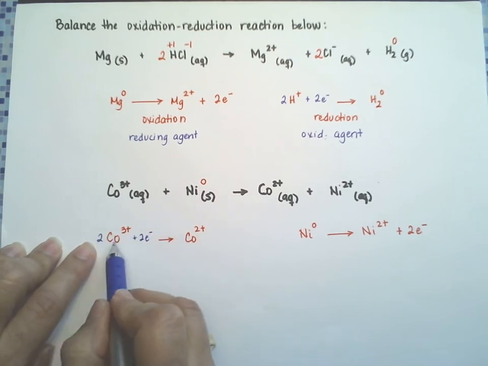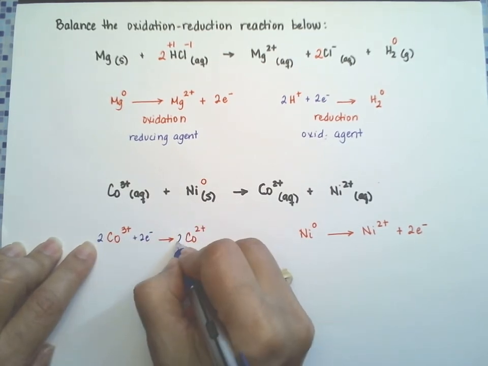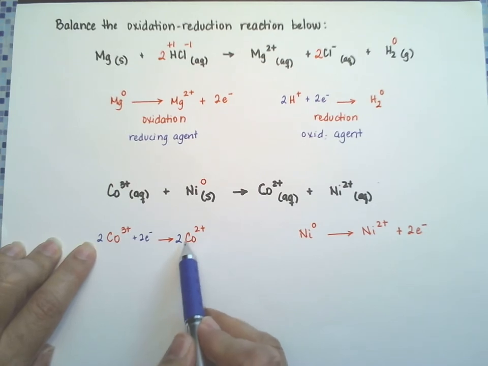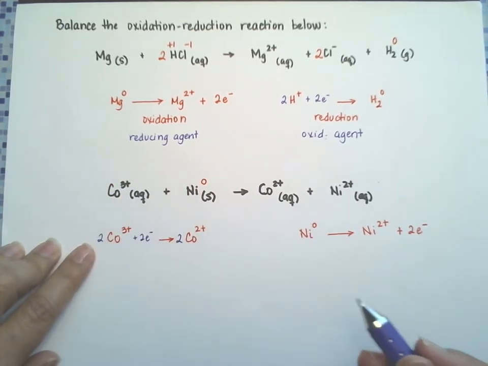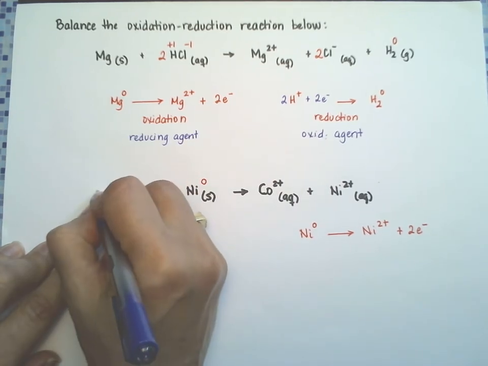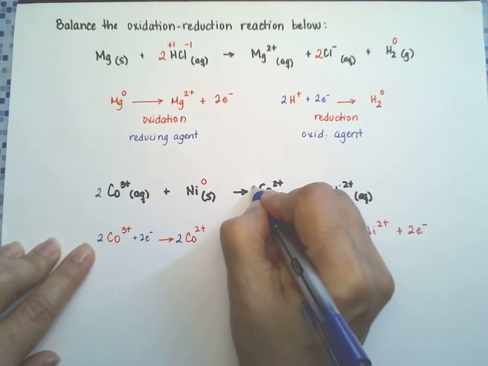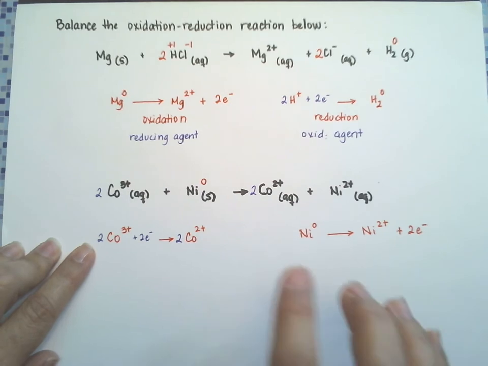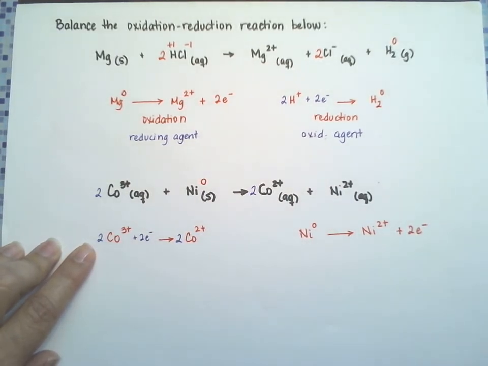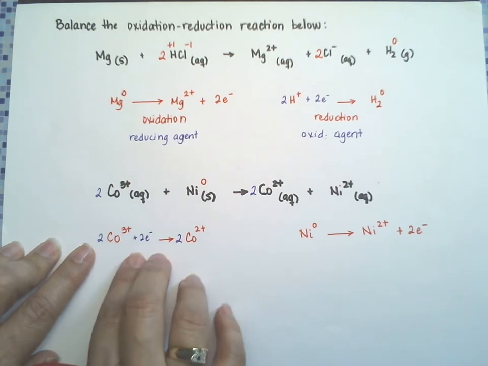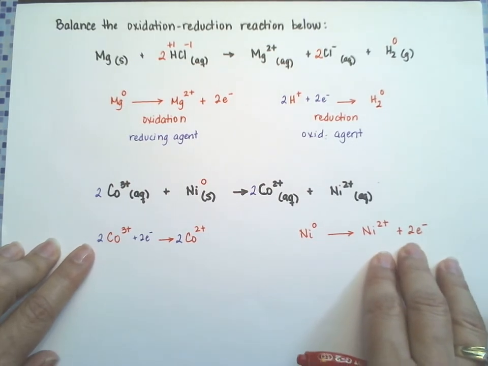And if I have 2 cobalts, 3 pluses, I'm also going to have 2 cobalts, 2 pluses. So I'm going to go to the equation and change the coefficients on cobalt: 2 over here and 2 over here. The nickel stays the same because I have the right number of electrons. So I have 2 electrons on the left, 2 electrons on the right.